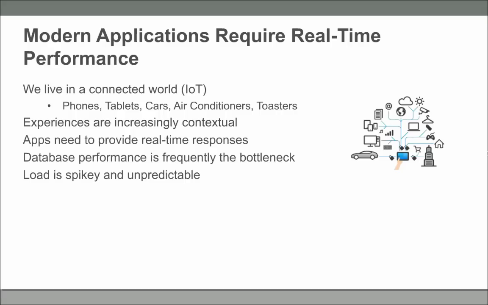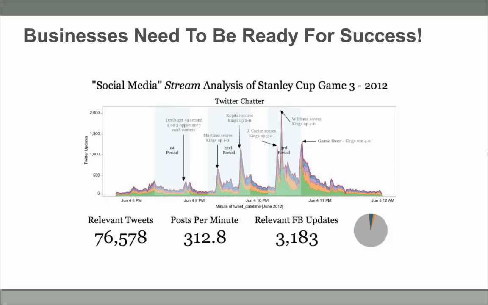Another challenge that we see is that the load is spiky and unpredictable. Let's talk a little bit more about this. The chart that you see shows a social media stream analysis of a hockey game, the Stanley Cup Finals in 2012.